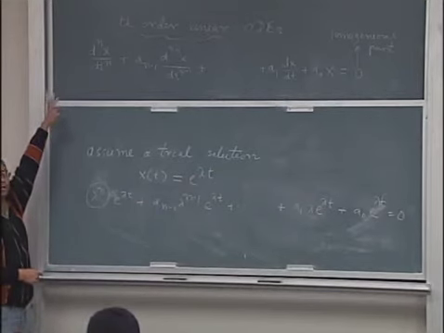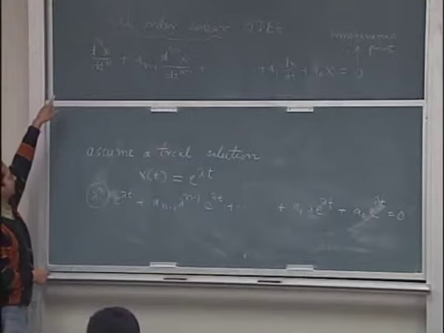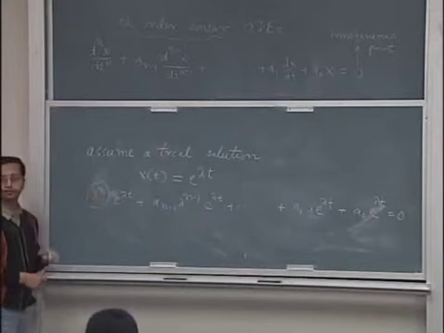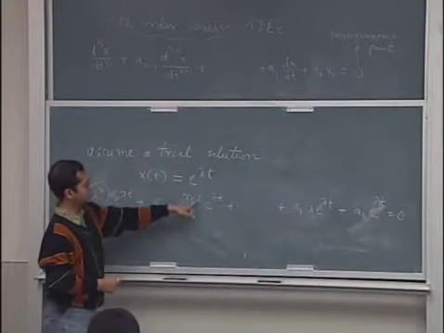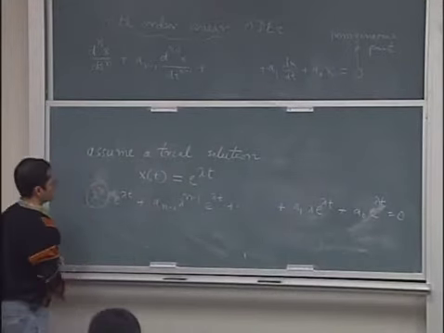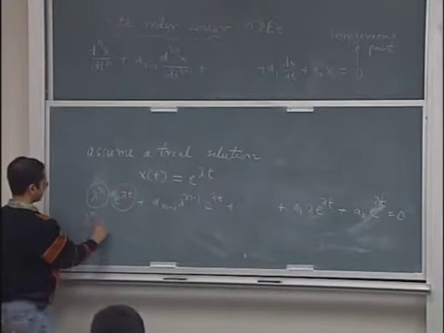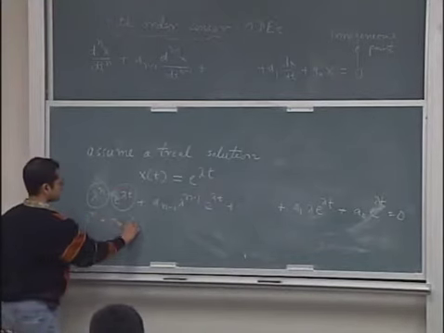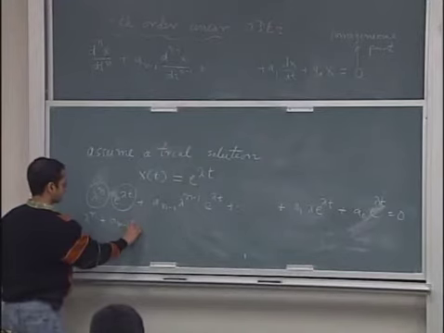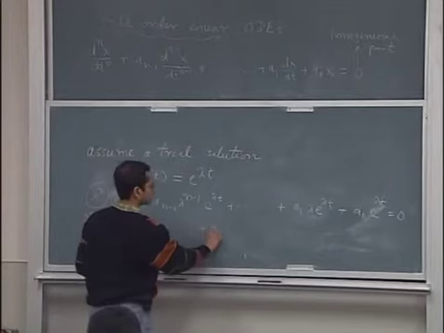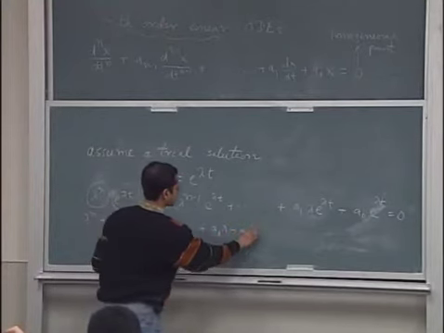So each time I take the derivative, I have 1 lambda. So n derivatives gives me n lambdas, which is lambda to the power n. And similarly, I have lambda n minus 1 and all these things. And exponential lambda t remains as it is. So I end up with lambda to the power n minus 1 plus say 1 lambda plus a 0.